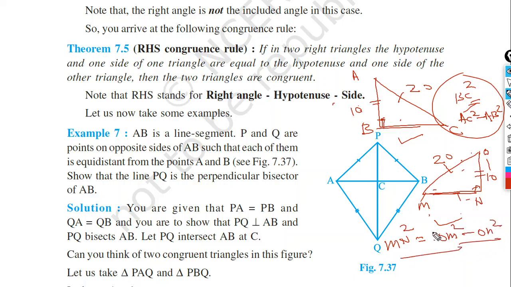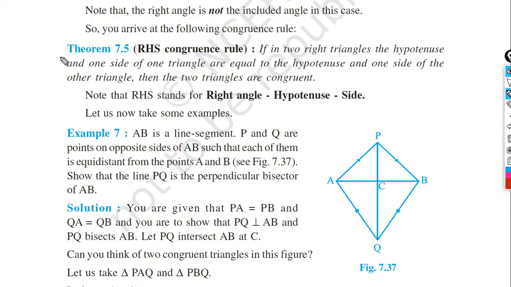So in this way the other side will also be equal. That means two sides are already equal, and the third side will definitely be equal by using the Pythagoras theorem. So we can say the two triangles are congruent. So another rule we got is RHS, that is right angle, hypotenuse and one side. One side means any of the sides. So these are the two theorems.